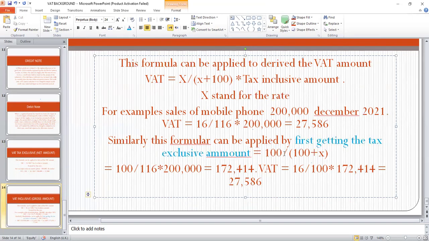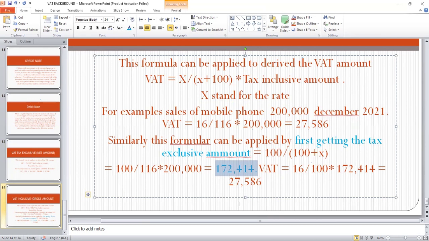You take 100, then divide by 100 plus the rate. Like for that example, our rate was 16%. So if you take 100 plus 16, that is 116. If I take 100 over 116 times 200,000, this is 172,414, which is the exclusive amount. Then you just apply the rate directly.